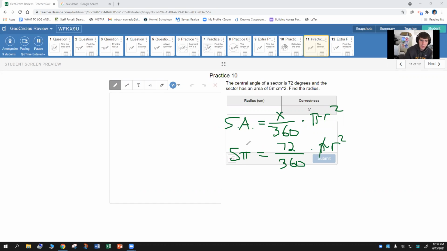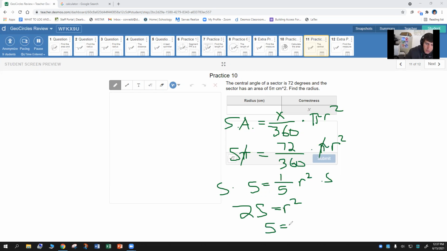We can divide both sides by pi. 72 over 360 is going to be 1/5. If you want to just multiply both sides by 360 and then divide both sides by 72, that's fine, but I like to reduce. I'm going to multiply both sides by 5. That gives me 25 equals r squared. When you take the square root of both sides, you get 5 equals the radius.